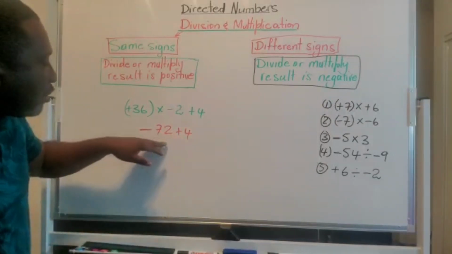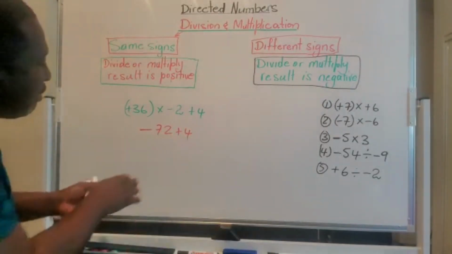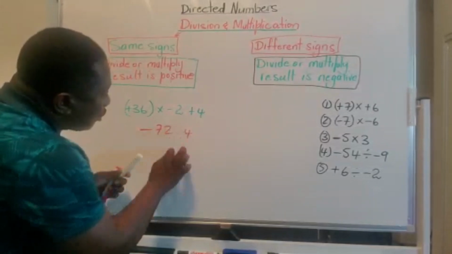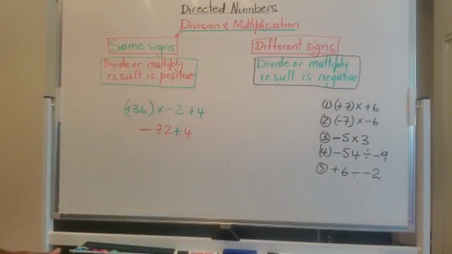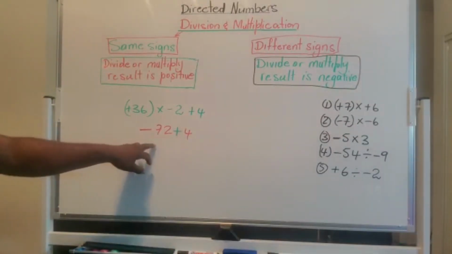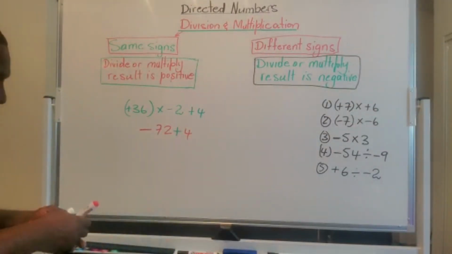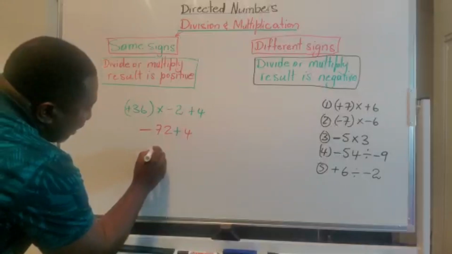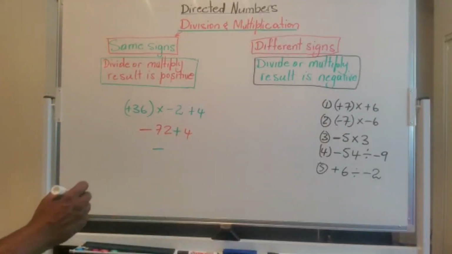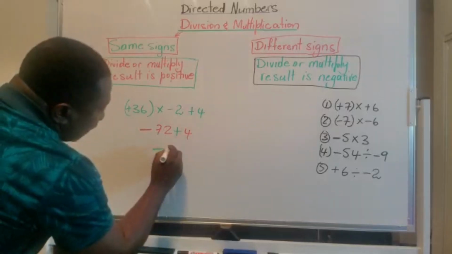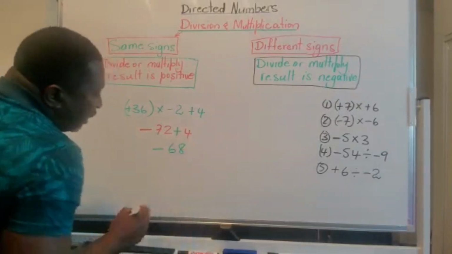It says when we are adding two unlike signs, remember this is not multiplication but more so a plus sign. When we are adding two different signs, we have to subtract, keep the sign of the greater value. The sign of the greater value in this sense is going to be negative. 72 minus 4 will leave us with 68.